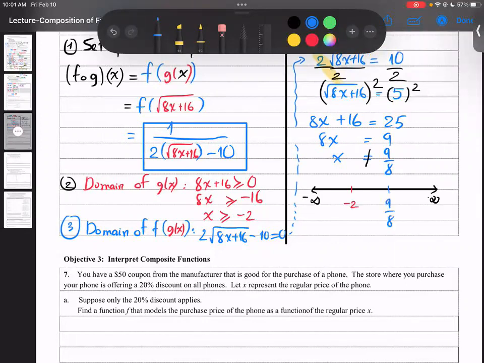Do I include negative 2? Yes, so solid. Do I include 9 over 8? No, so hollow. One step at a time. For this class, you do one little thing at a time. Now for the first function, the red one, x has to be at least negative 2, so from negative 2, drag it to the right.